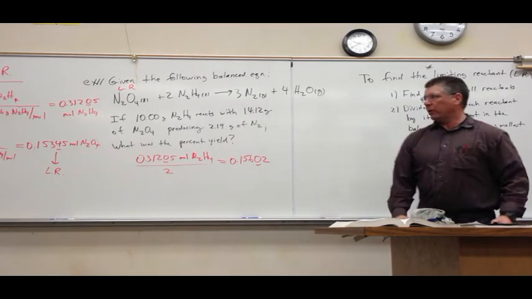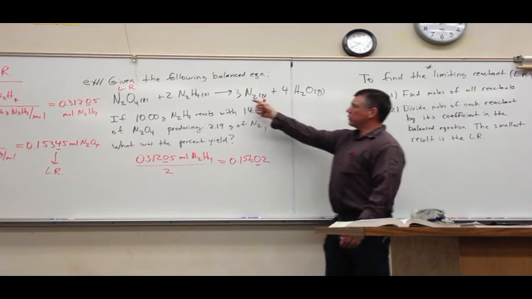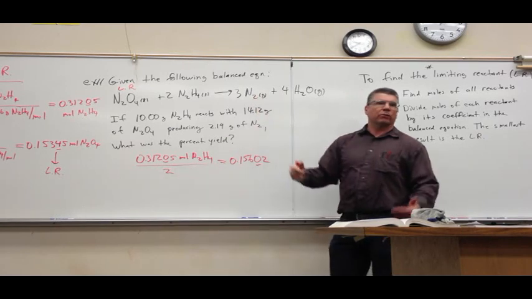Now all we have to do is calculate our theoretical yield of nitrogen, then take our actual and the theoretical times 100.